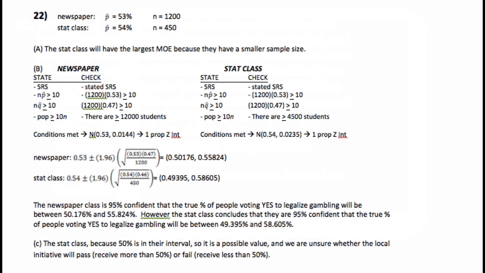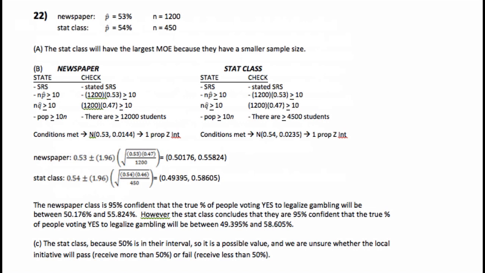For the newspaper, we're going to check our conditions. And for the stats class, we're also going to check our conditions. So first, we check that it is random. SRS stands for simple random sample. It did state that it was random. Then we have to check that n times p hat is greater than or equal to 10, and n times q hat, which is 1 minus p hat, is greater than or equal to 10.